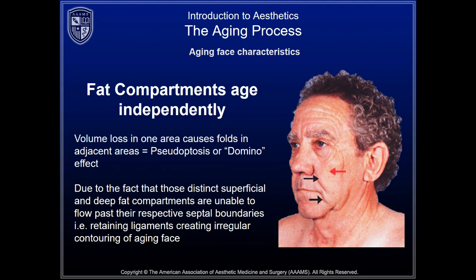Volume loss in one area causes folds in the adjacent areas, or pseudoptosis, or a domino effect. This is due to the fact that those distinct superficial and deep fat compartments are unable to flow past their respective septal boundaries or retaining ligaments, which create an irregular contouring of the aging face.